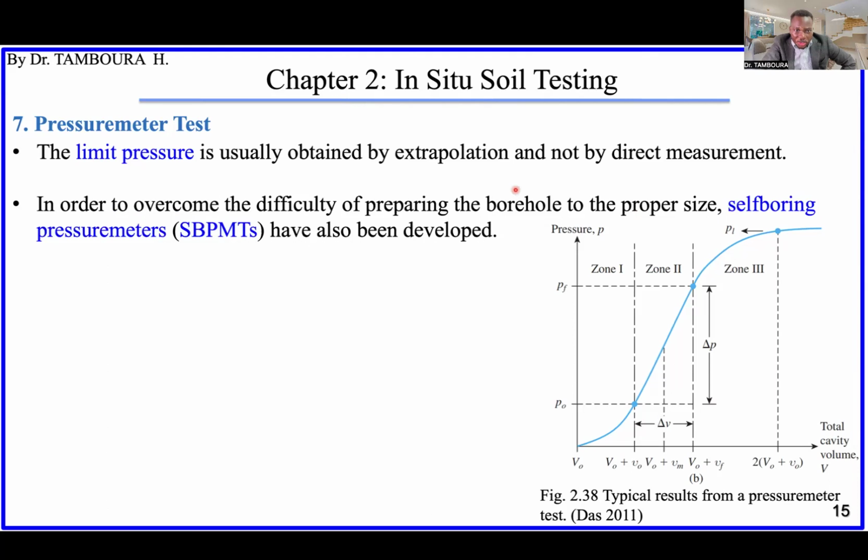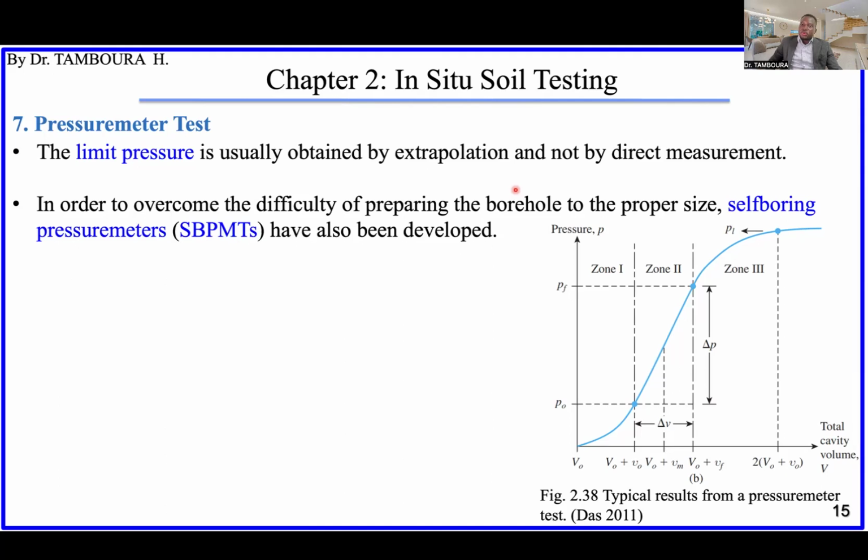So as I was saying, in order to overcome the difficulty related to preparing the borehole to the size needed, because as you have seen at the beginning of this video, the American Society for Testing and Materials is recommending some sizes.